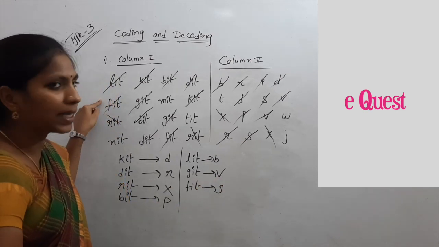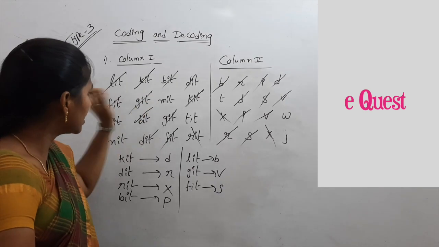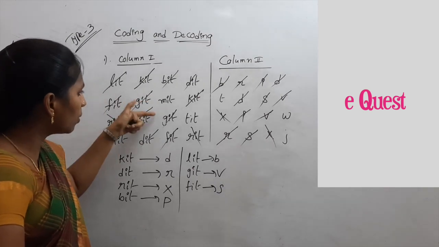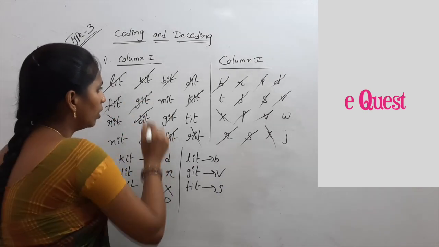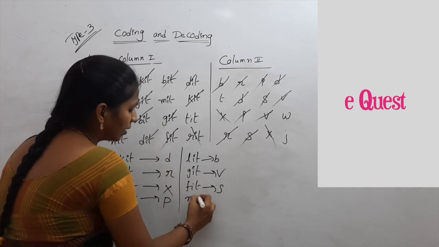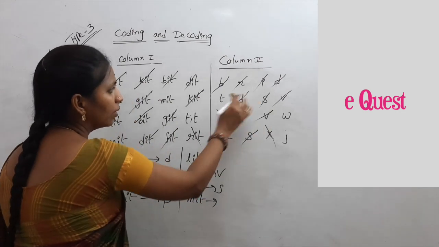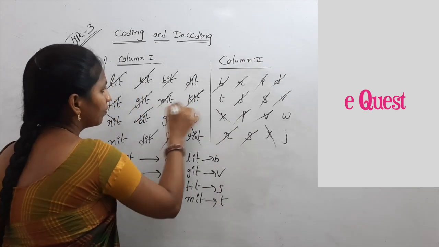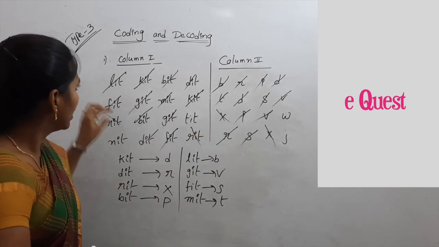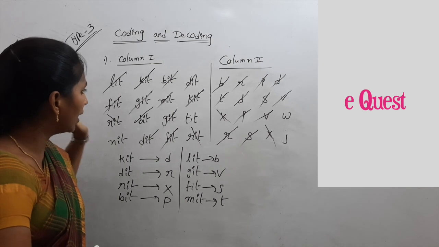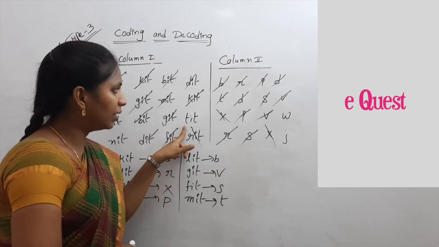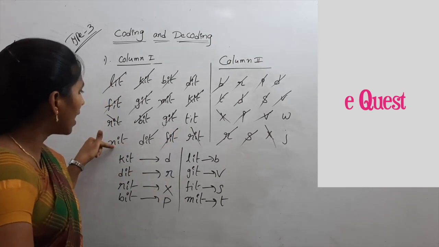Which is remaining in the second line? Mit. Mit is the remaining. It is not present in other lines. So mit, what is the code? T. See here, in the third line, tit is remaining. There is no tit in the last line.